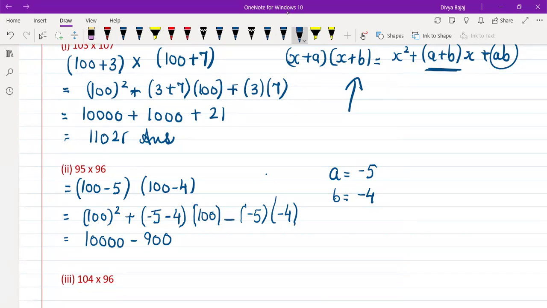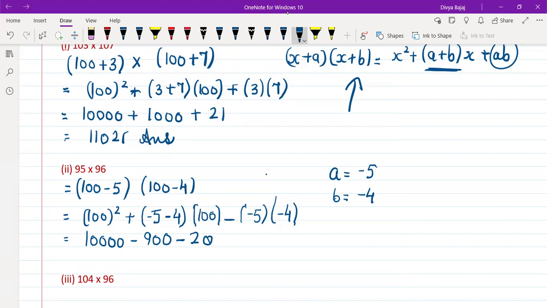Now let's do the product of both the terms, minus 5 into minus 4. Now we know that 5 4s are 20, but what sign will come here? Minus minus in the product will give us plus, but outside there is one more sign. Then plus and minus will give us minus of 20. So this is how we solve this. Now let's move further.